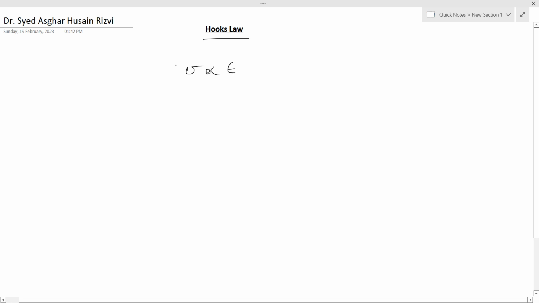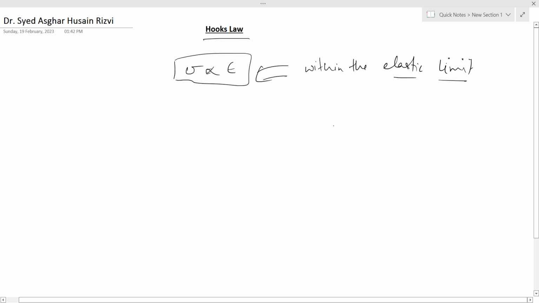This is what Hooke's law states, and this is under the condition that it is within the elastic limit. That means when the load is under the elastic limit. As soon as the loading crosses the elastic limit and reaches the plastic limit, then this law is not obeyed by the material.